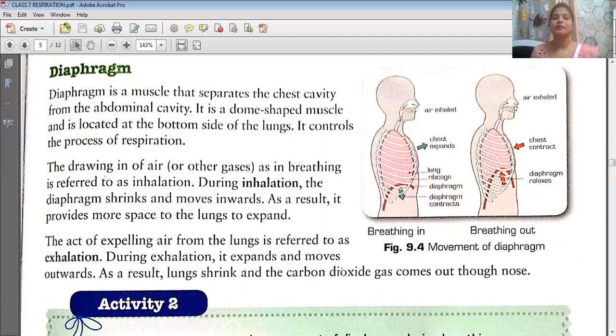So the diaphragm and lungs work inversely to each other. When one is expanding, the other is contracting. This act of expelling air from the lungs is known as exhalation.